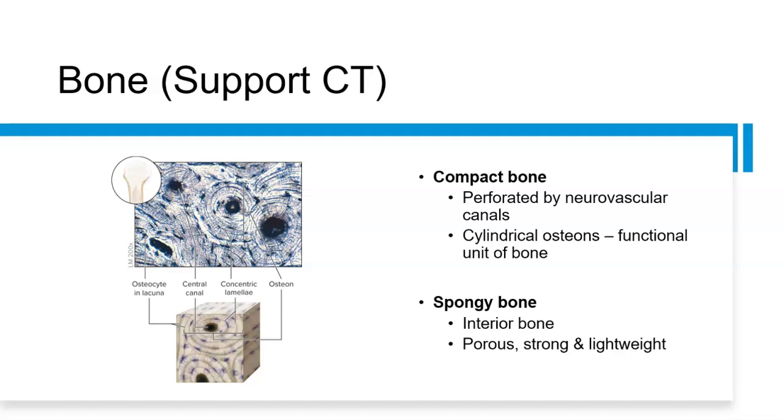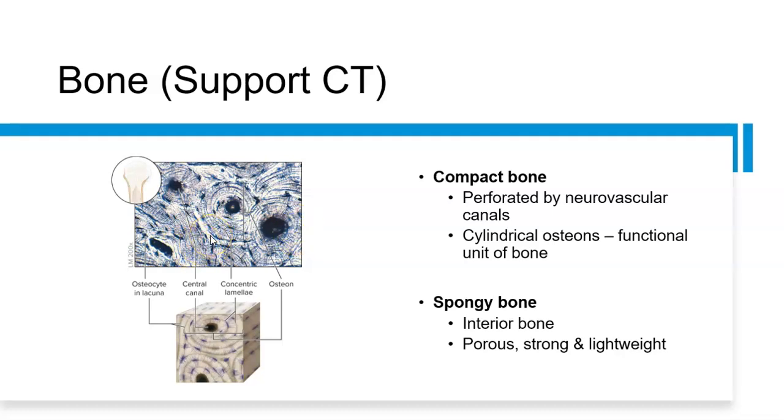Now, bone is very highly vascularized. There are tiny little canals that run through these osteons that the blood vessels and the nerves run through. So the functional unit of compact bone is the osteon.